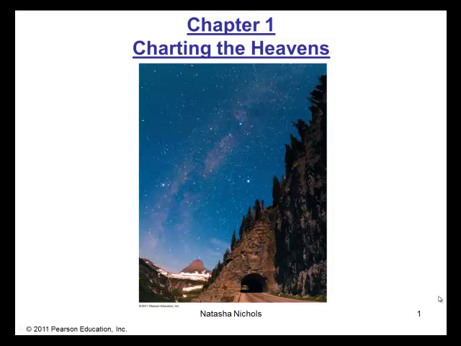Now, taking a look at this picture right here, starting with chapter 1, high overhead on a clear, dark night, we can actually see a rich band of stars, which we call the Milky Way. All these stars, and a lot more, are part of a much larger grouping of stars called the Milky Way galaxy, of which our star, the Sun, is one member.